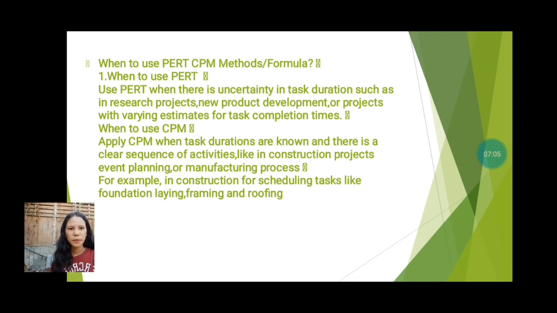And when to use CPM: apply CPM when task durations are known and there is a clear sequence of activities, like in construction projects, event planning, or manufacturing processes. For example, in construction for scheduling tasks like foundation laying, framing, and roofing.